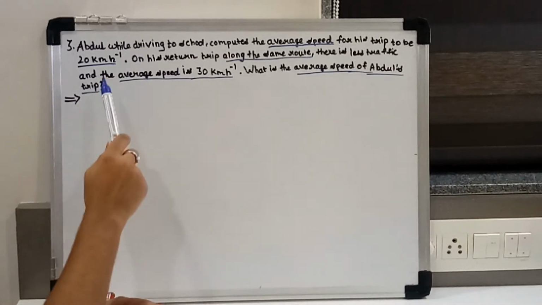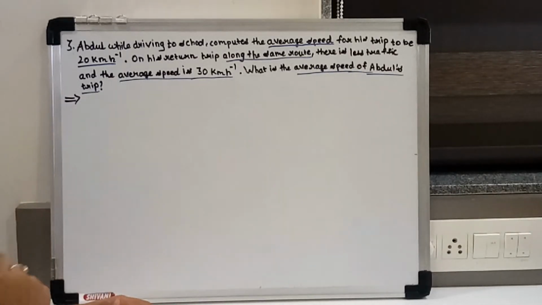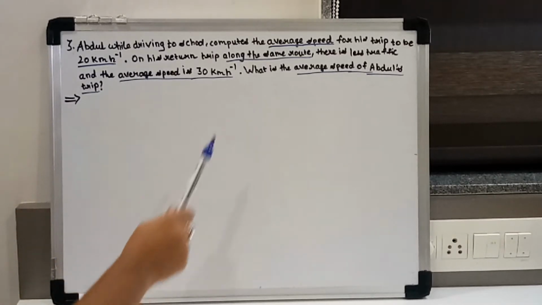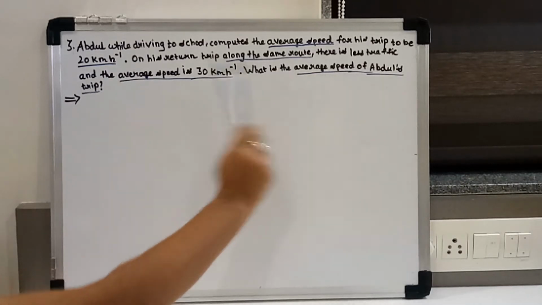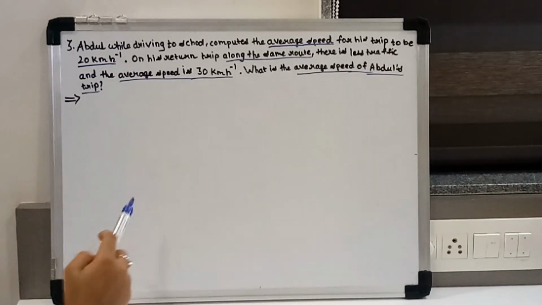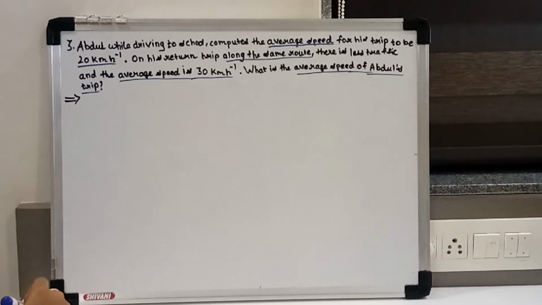Due to less traffic along the same route, the average speed is 30 km per hour. What is the average speed of Abdul's trip? So simply we have to find the average speed.